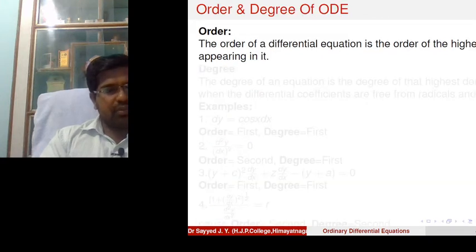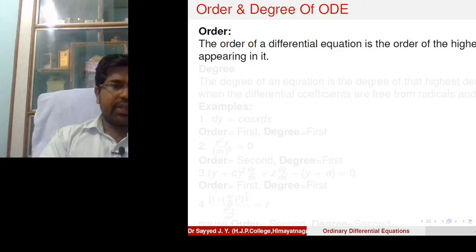Next we'll see what is meant by order and degree of an ordinary differential equation. Order of a differential equation is nothing but the order of the highest derivative appearing in it. And degree means what?